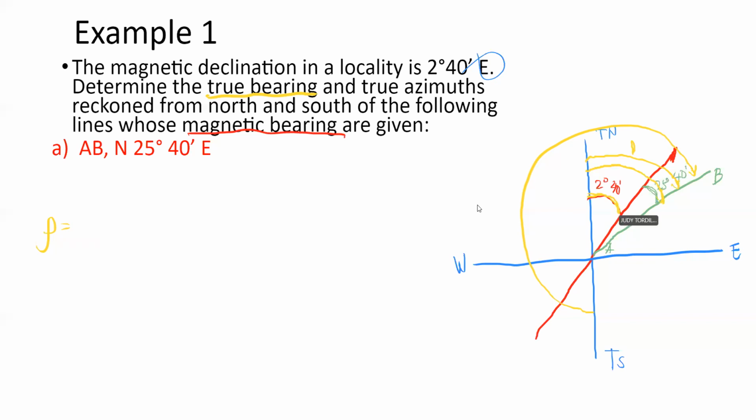di ba given etong angle na to, and given etong angle na to, di ba para makuha yung true bearing, i-add lang natin. We have 25 degrees 40 minutes, plus the magnetic declination of 2 degrees 40 minutes.